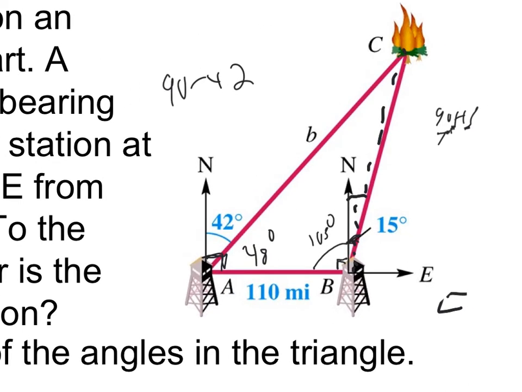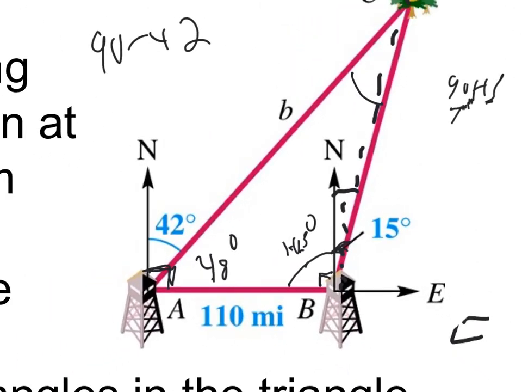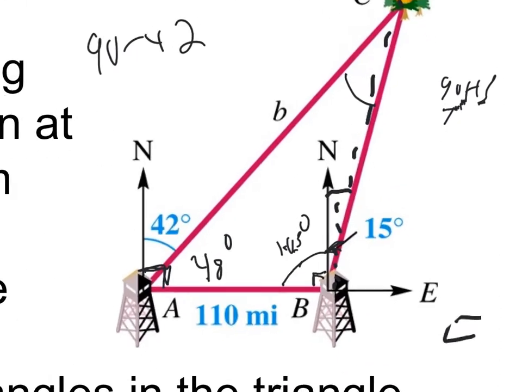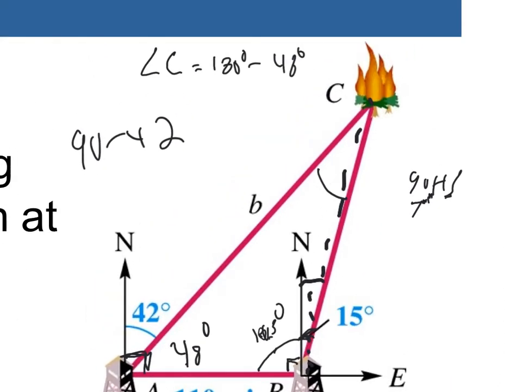If you have two angles, the third should be easy. Angle C is 180 degrees minus 48 minus 105. 48 plus 105 is 153, and 180 minus 153 is 27 degrees. This little angle is 27 degrees.